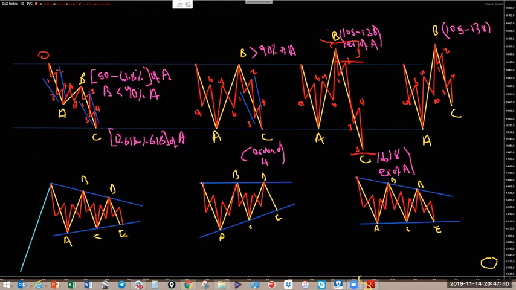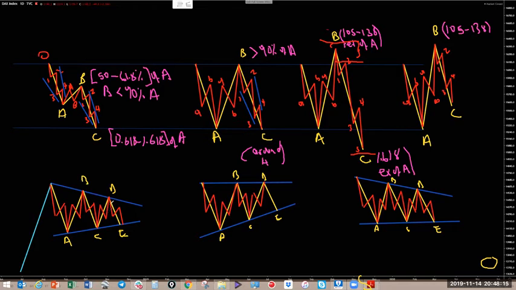Okay, let's read further. One of the 5 waves can subdivide into an impulse. So within this triangle, it is allowed for one of the waves to be impulsive. It does not have to be there, but if you find one impulsive wave within a triangle, you can accept that as a triangle.